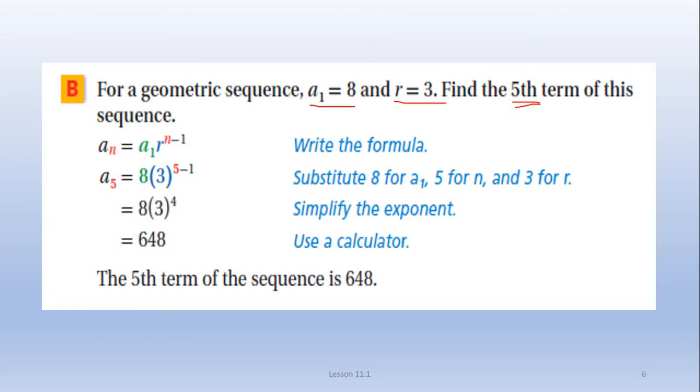Then we substitute n, which is the position of the term, 5, and a1, the first term, equal to 8, as you can see in the question. The common ratio is 3. Put all the numbers in, then simplify and find the answer. This will be the fifth term in this sequence.